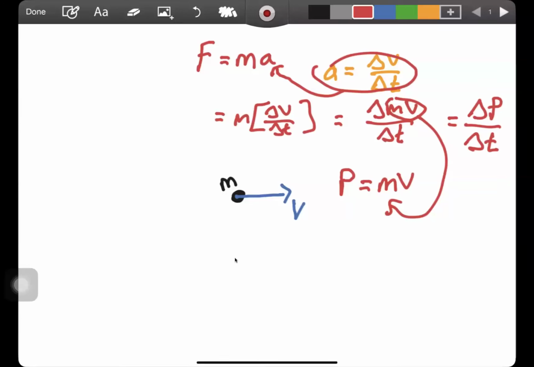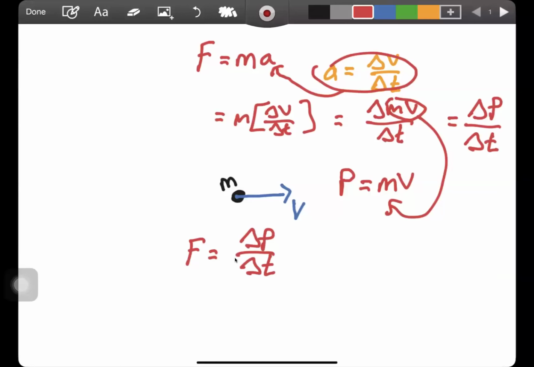And so just to write this more explicitly, F equals delta p over delta t. Force is equal to the change in momentum over the change in time. Okay, so this relationship, I hope, will allow you to better understand the notion of conservation of momentum.